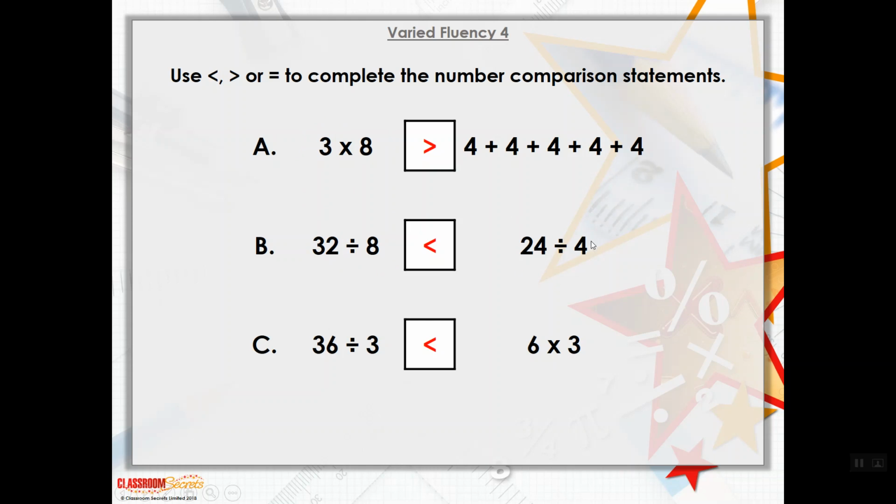And 24 divided by 4 is 6. So 4 is smaller than 6. 36 divided by 3 is 12. And 6 times 3 is 18. So we can see that this one is smaller than this one too.